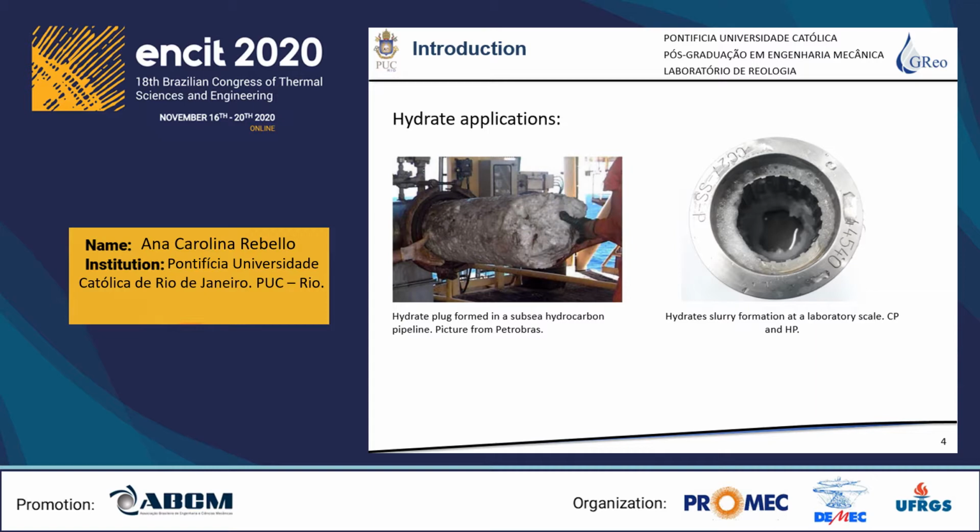As we can see in the figure on the left, the hydrate plug formed in a subsea hydrocarbon pipeline. This topic is the focus of this particular research. And on the right is a figure of a hydrate slurry formation at a laboratory scale.